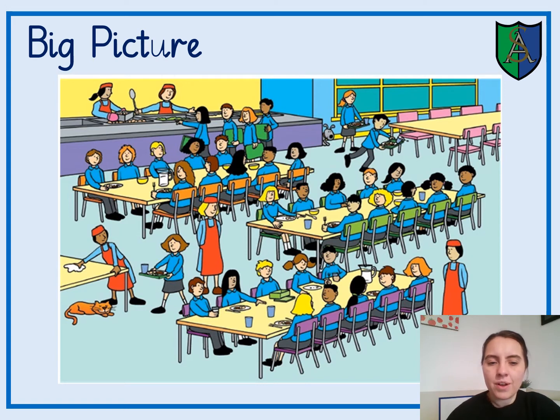So I know that there are 1, 2, 3 groups, and in each of those groups there are 10 children because there are 10 children sat down. So I've got 3 groups of 10, and I know that that is equal to 30 because I know 3 times 10 is equal to 30. Now your turn. Have a go at pausing the video and talk about the maths that you can see.